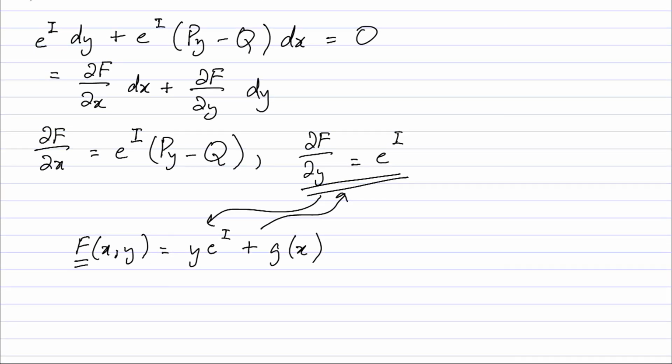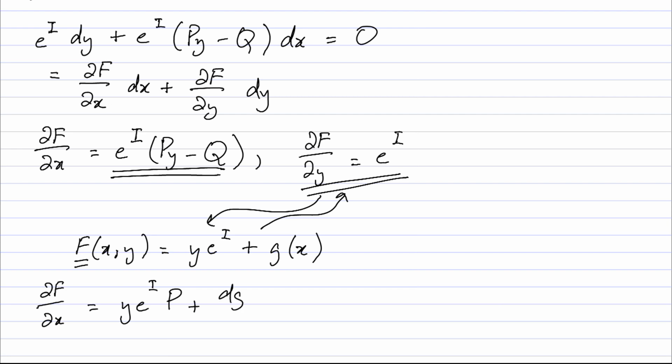I can find g of x such that partial of F with respect to x is equal to this thing. So let's do that. Partial of F with respect to x will be equal to, well, y I'm keeping as a constant, e raised to power I remains as it is, and then you have to differentiate the exponent, so you get p plus dg by dx.